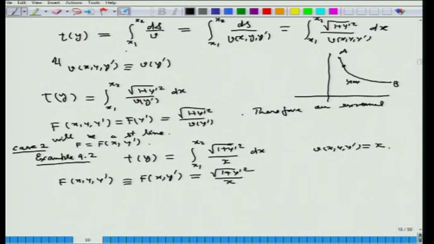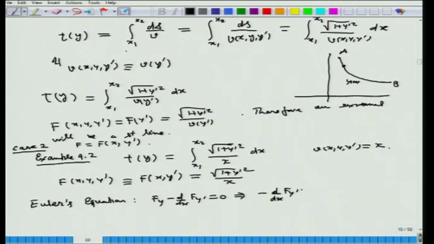So, here how do we do this? Here Euler's equation is f y minus d by dx of f y prime equal to 0, which implies minus d by dx of f y prime equal to 0 as before, since f y is 0.